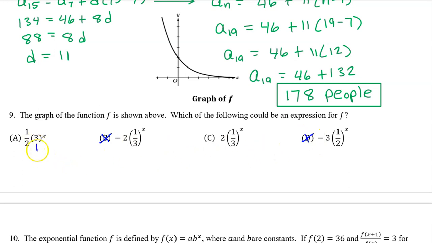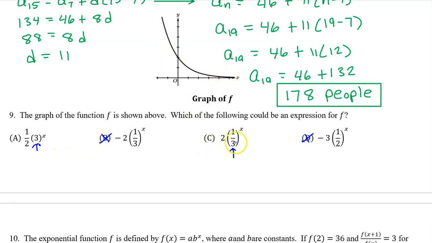The b value, the 3 versus the 1/3, now will tell us if the graph is getting closer to 0 or further away from 0, from left to right.